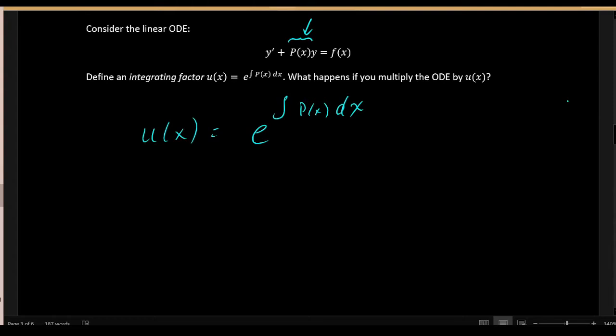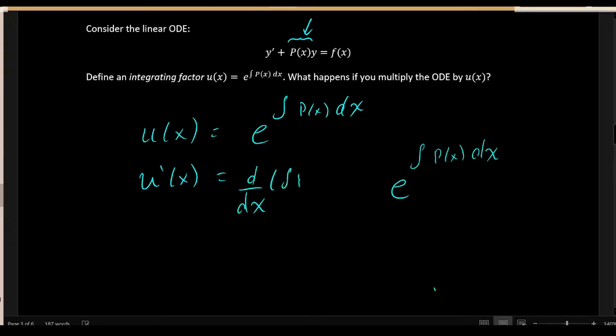Now notice something. If we take the derivative of the function u here, what do we get? The derivative of the function u can be found by, first of all, chain rule, which says, first of all, copy-paste your e to the something, times the derivative of that exponent.